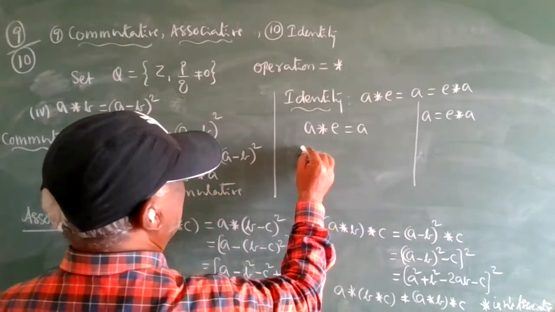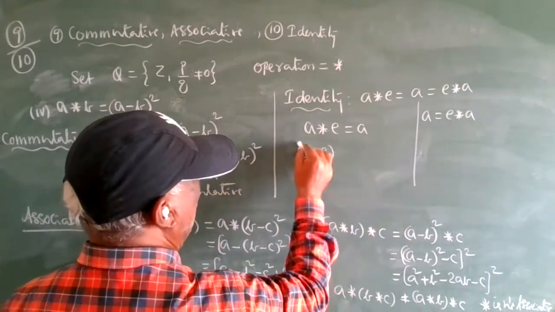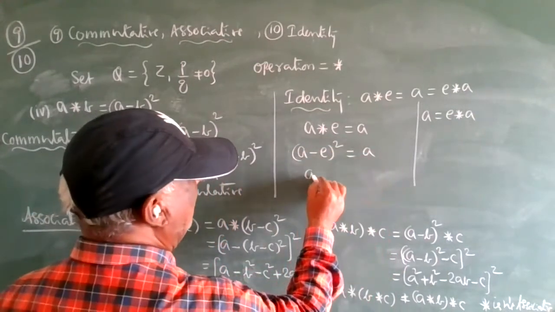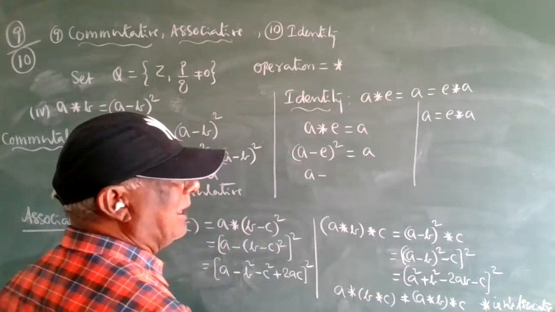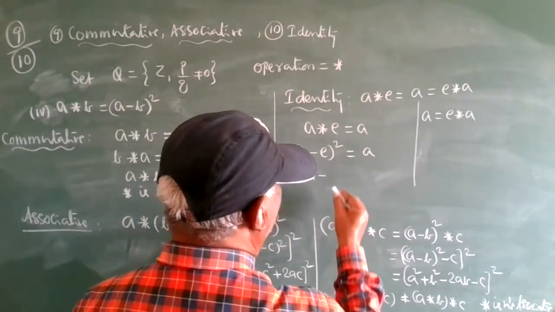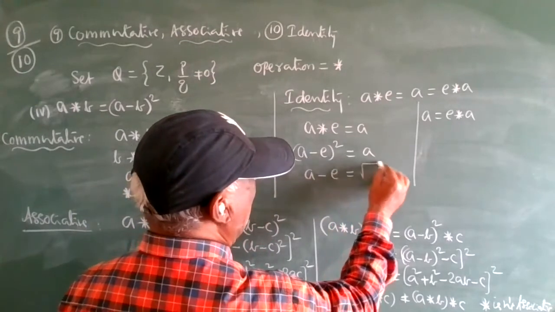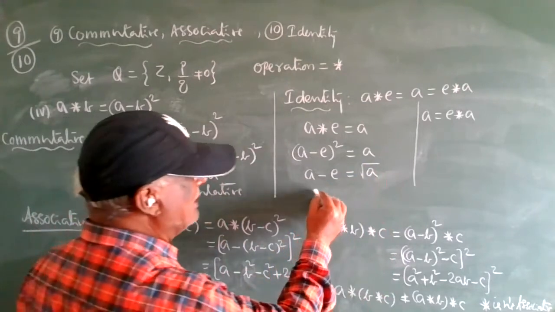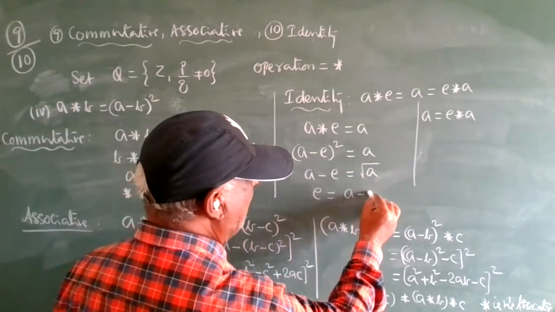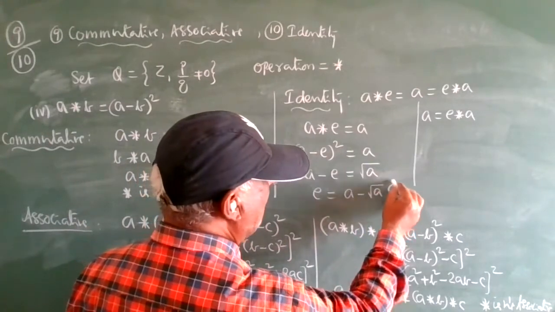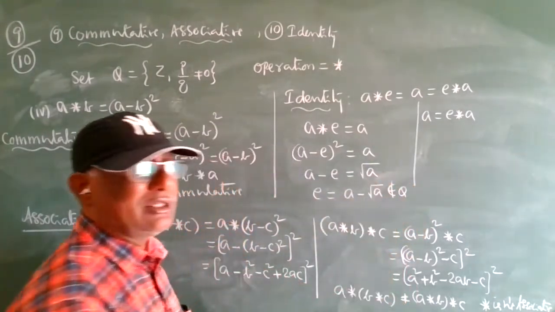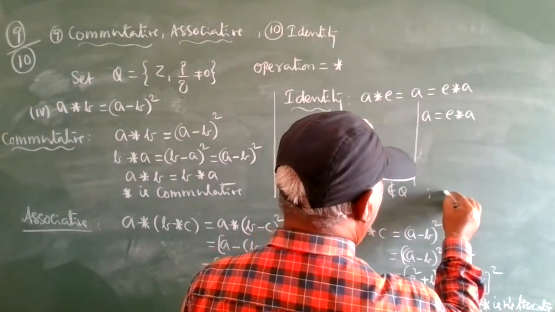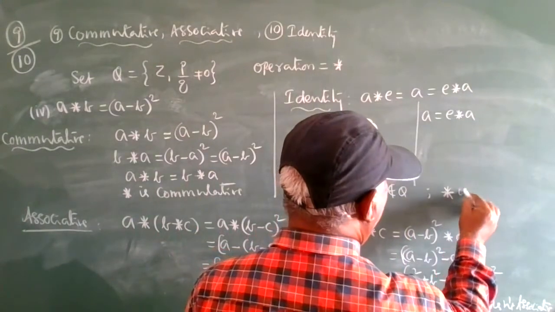So A star E is A minus E whole square is equal to A, so A minus E is equal to root A. Therefore E is equal to A minus of root A, which does not belong to Q. Therefore, star is not an identity.